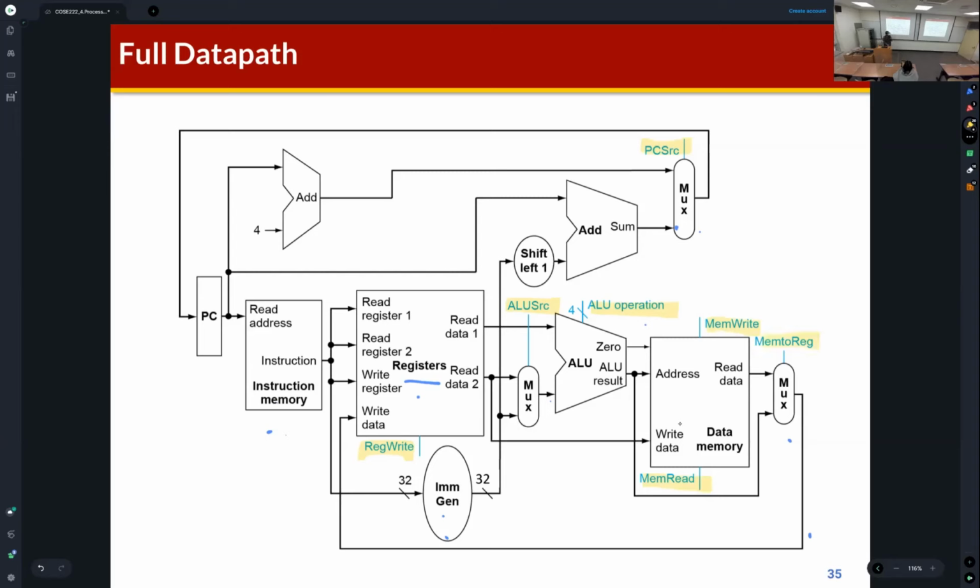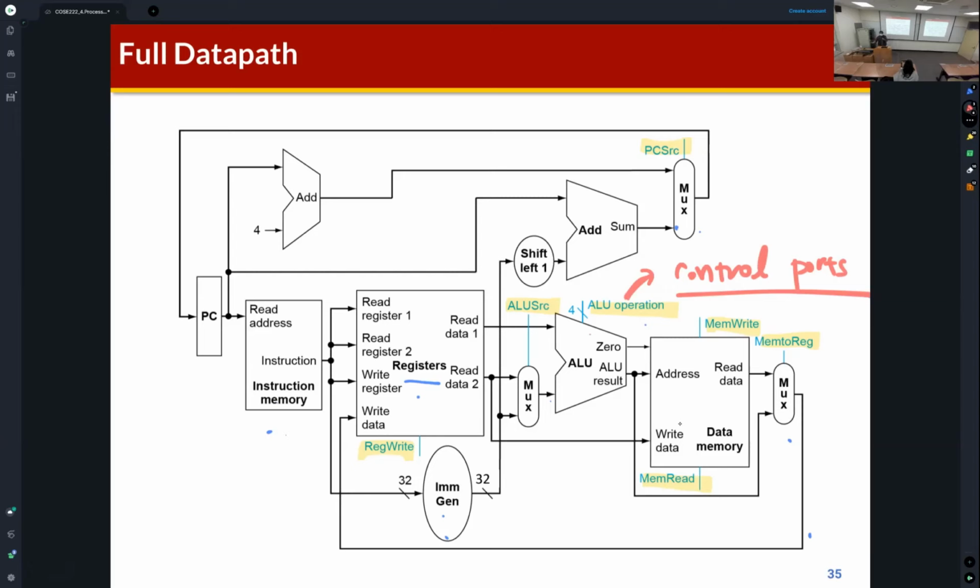Yes. So you can find that for these hardware components, these ports are not connected. And then why? These ports are control ports. Which means that control signals are connected to these ports of the hardware component.